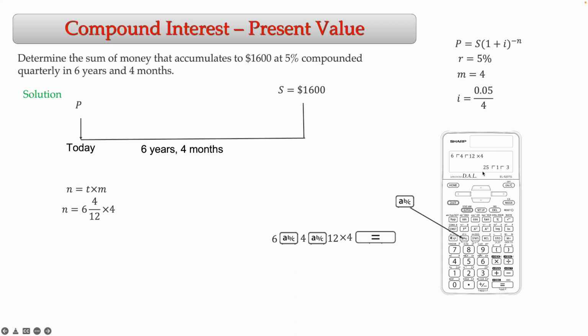So this is the answer that the calculator tells me, 25 1/3. So 25 quarters and 1/3 of a quarter. You can use the second function key of your calculator, and it gives you the answer as a fraction.